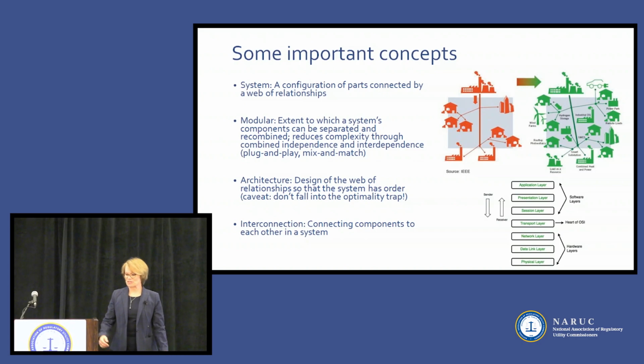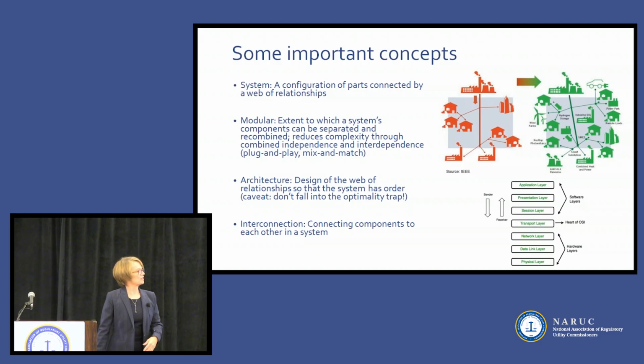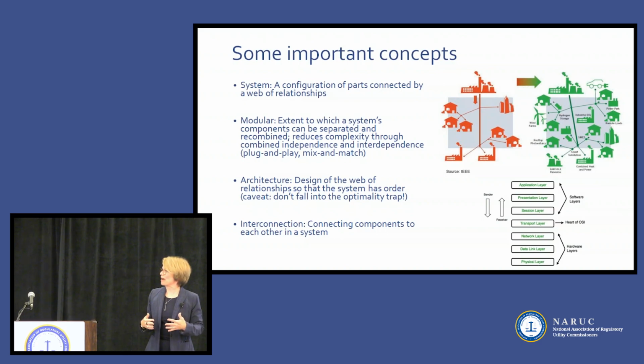We can think of the system, and I've put up here the standard schematic of the traditional electric power system and the one-way road from large-scale central generation through to the end user. And that is itself a sort of system.